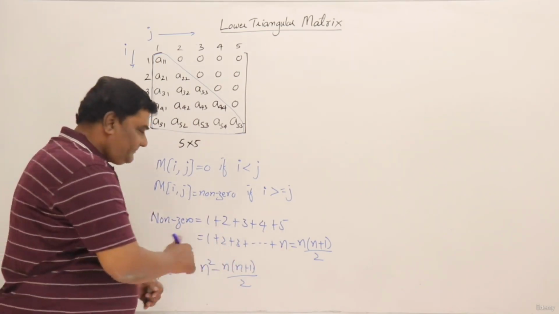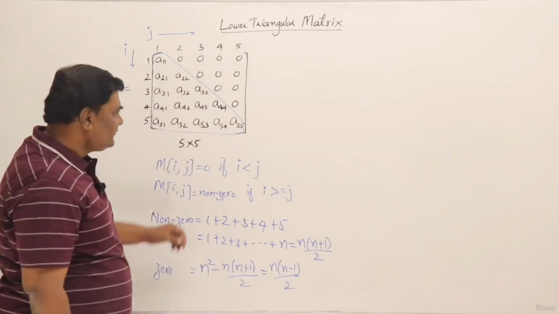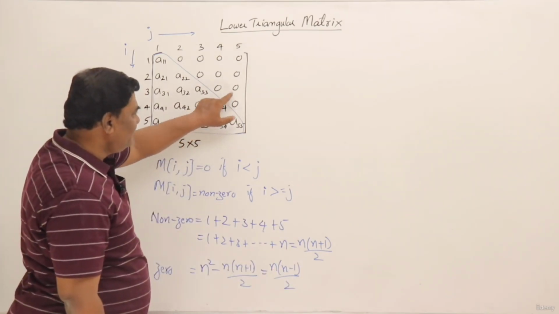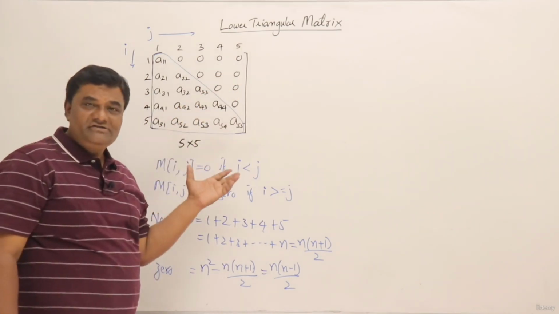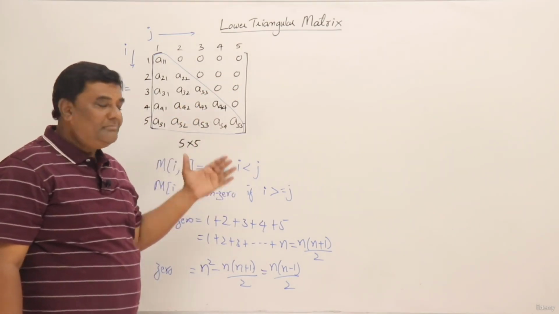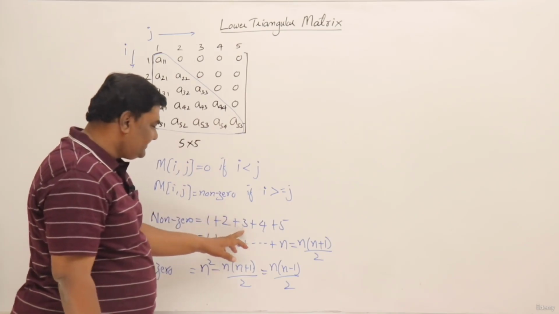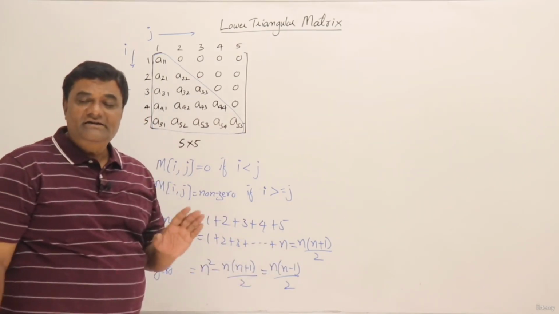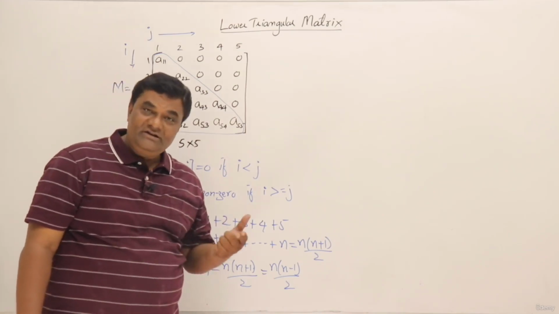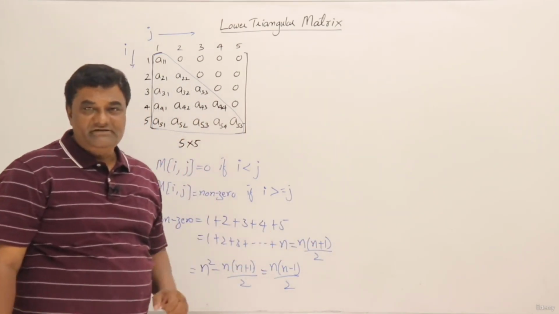So this will be n into n minus 1 by 2. If you observe, here is 1 zero, these are 2 zeros, then 3 zeros and 4 zeros. Dimensions are 5 cross 5, but the last number of zeros is 4. So this is going up to 1 plus 2 plus 3 plus 4, that is n into n minus 1 by 2. So there are n into n minus 1 by 2 number of 0 elements and n into n plus 1 by 2 number of non-zero elements.